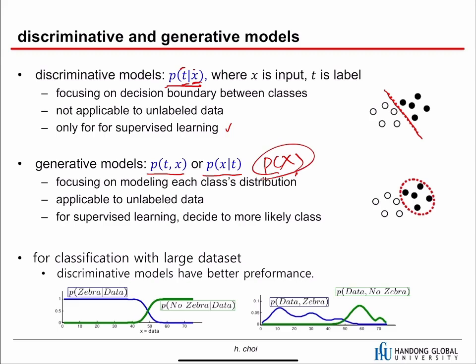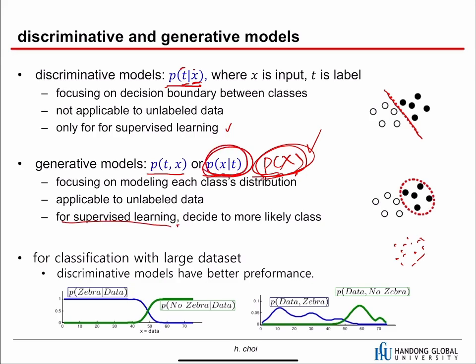If we have multiple classes, then we model each class's distribution. So it is applicable to unlabeled data like this. If we have unlabeled data, it is something like just one class. We can use this as unsupervised learning, but at the same time, we can apply it for supervised learning.